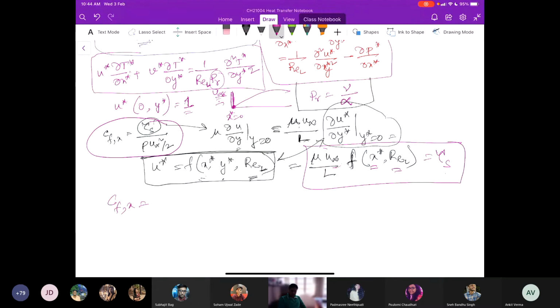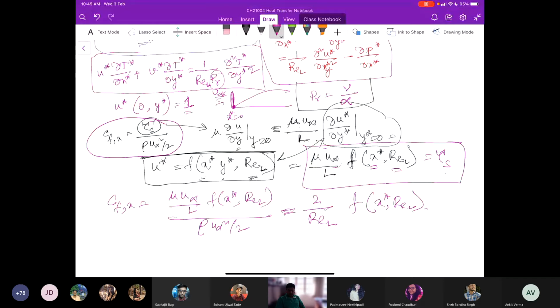Once we replace it, by L, and it is a function of X star and REL divided by rho u square by 2, which means 2 by REL multiplied by a function of X star and Reynolds number. It is just the elimination of a few parameters in this expression.